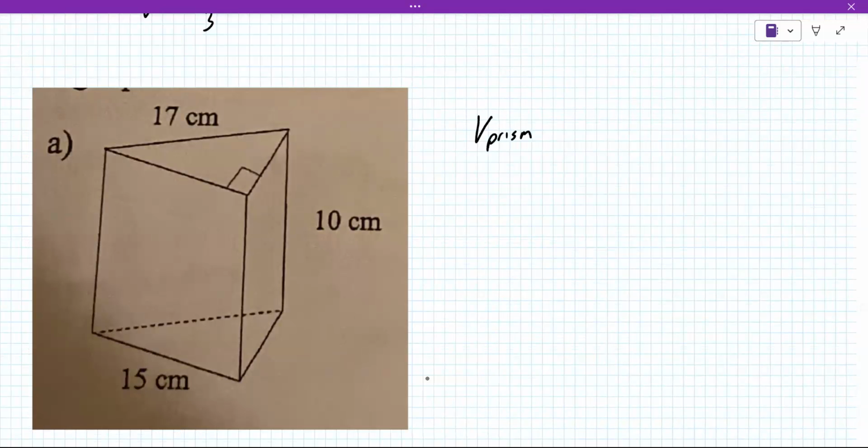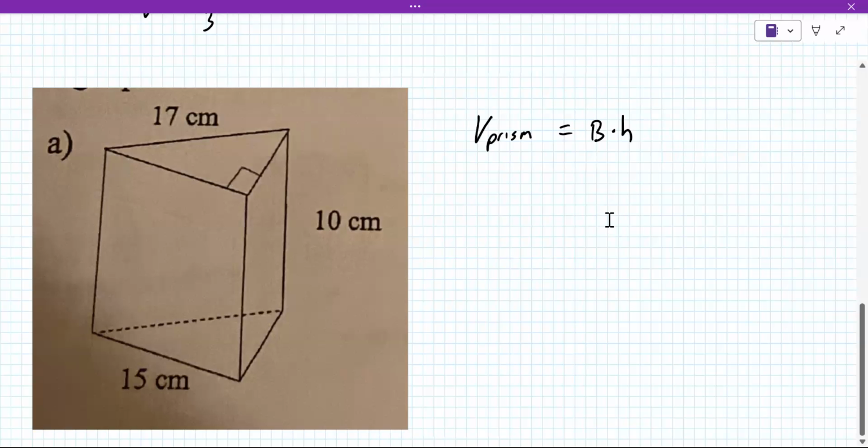Volume equals base area times the height. It's the area of the base times the height. So the challenge here is figuring out which is the base. Which is the base? What's the shape of the base in this problem?